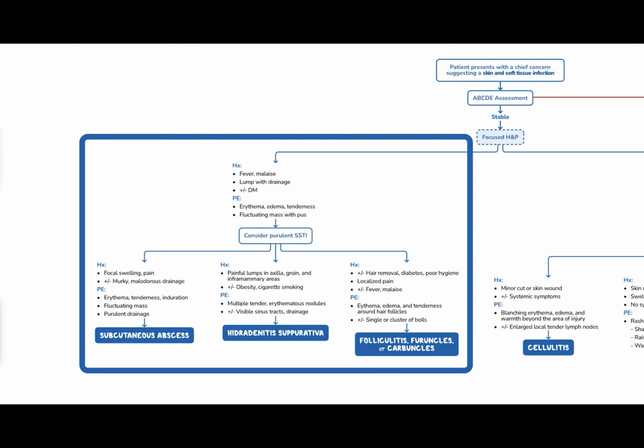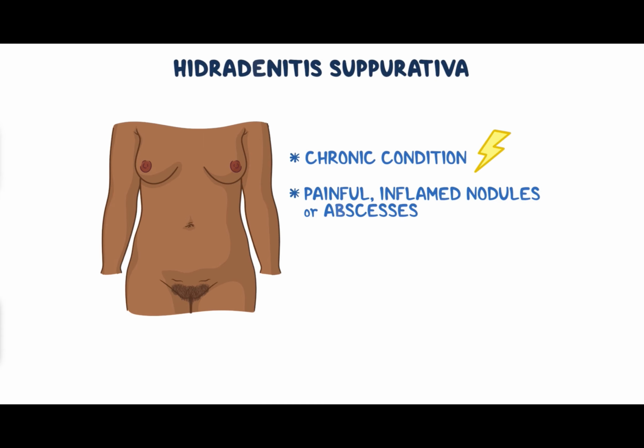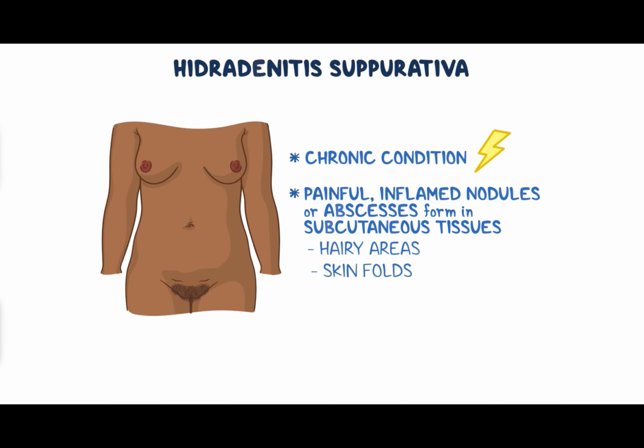Alright, let's talk about another type of purulent SSTI called hidradenitis suppurativa. This is a chronic condition where painful, inflamed nodules or abscesses form in the subcutaneous tissues of the hairy areas or skin folds where there is constant rubbing.